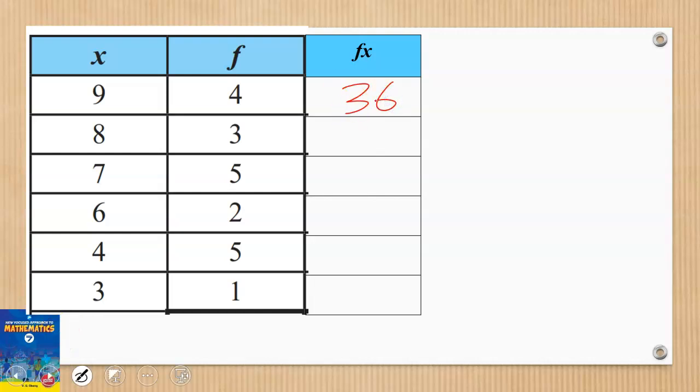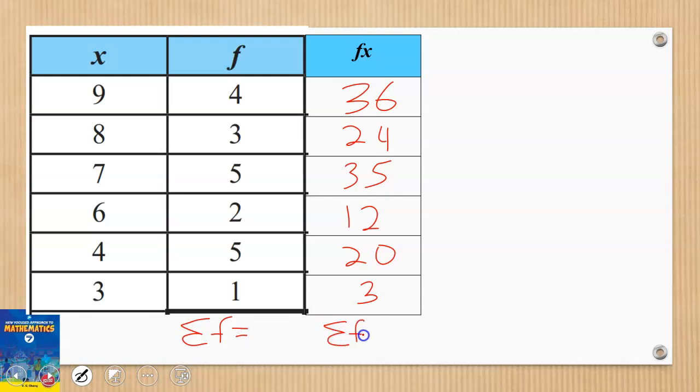And then 8 times 3 is 24, then 35, 12, 20, and then 3. So we first sum all the frequencies, then we sum all the frequency times x, and then we just do our division and get our answer.